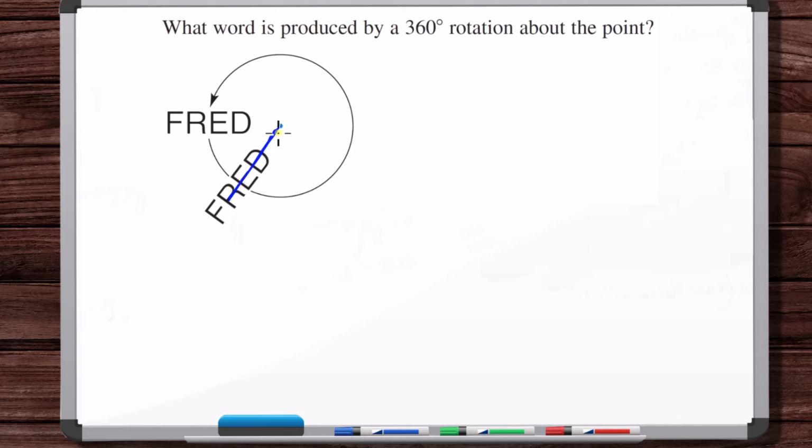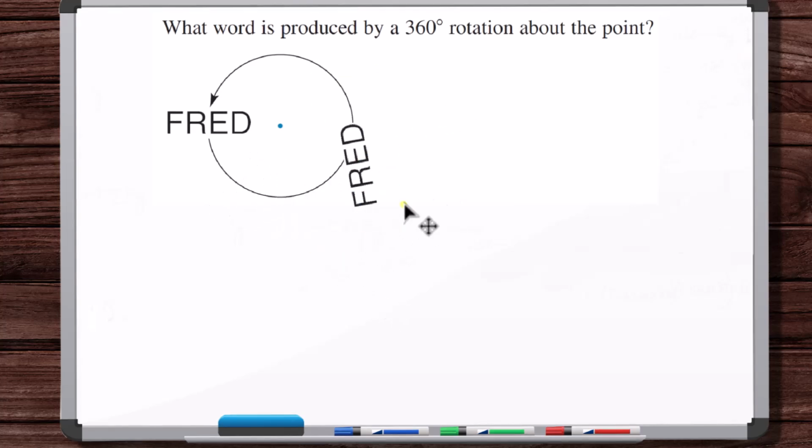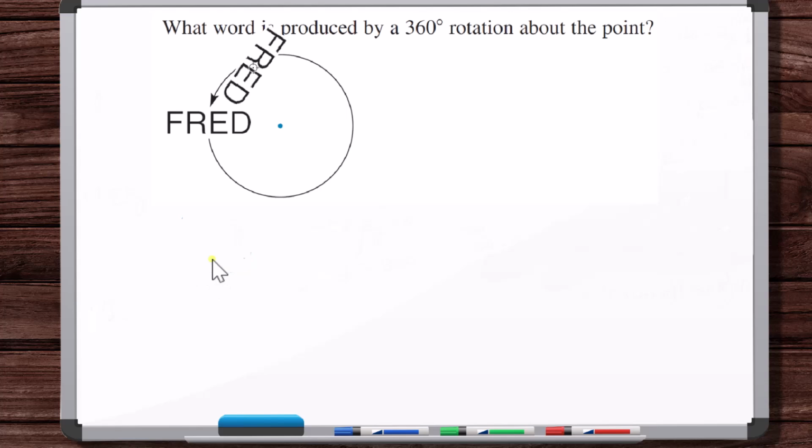Let's say we stopped here, then this would be a 30-degree rotation. Every single point, if you connected the point of rotation to corresponding points, the angle between the segments is going to be 30 degrees. But we didn't stop there. It kept going, and you just get the same image back.